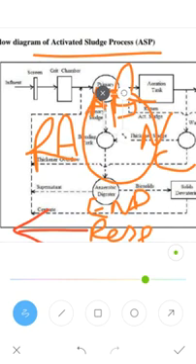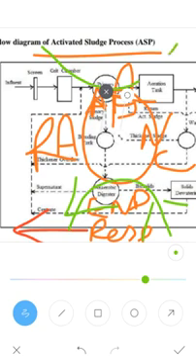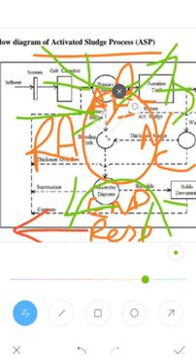Oxygen will be taken up with the assimilatory respiration and with endogenous respiration, and oxygen will be left out. Here the effluent BOD will be introduced, and the unused BOD will be excluded in the effluent.